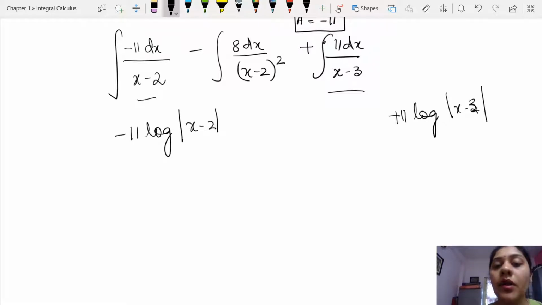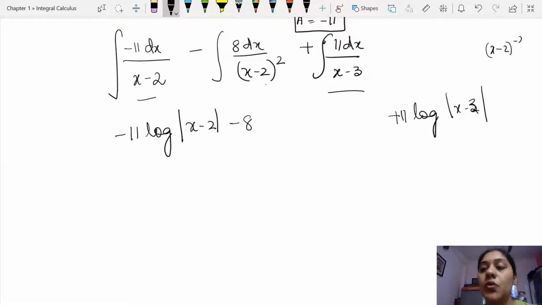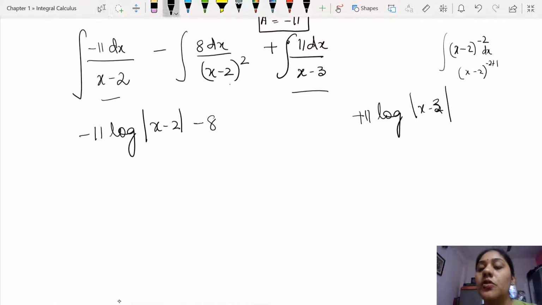Right? Now coming to this. This is minus 8 is a constant. Keep it as it is. When you take it to the numerator, this will become x minus 2 the whole power minus 2. Correct? So this becomes something like this, dx. Now when you integrate this, what happens is it becomes x minus 2 the whole power minus 2 plus 1 divided by minus 2 plus 1.